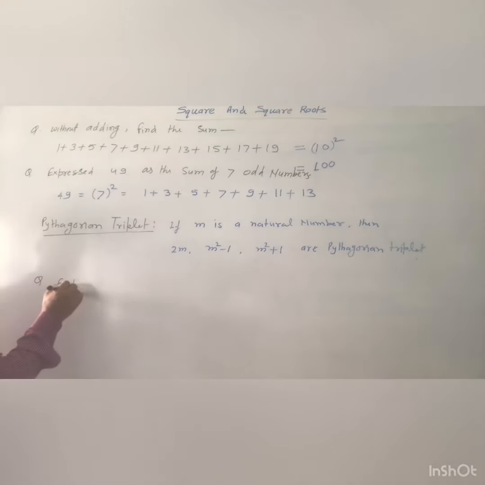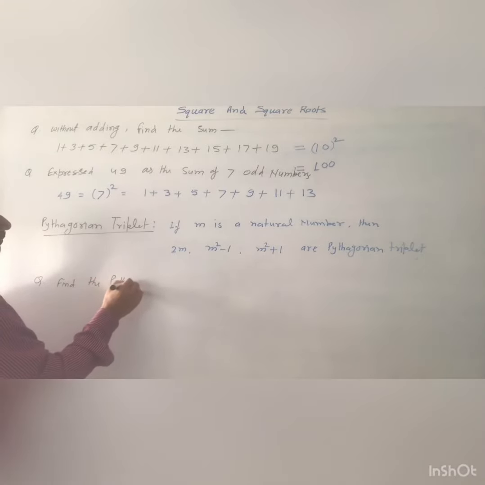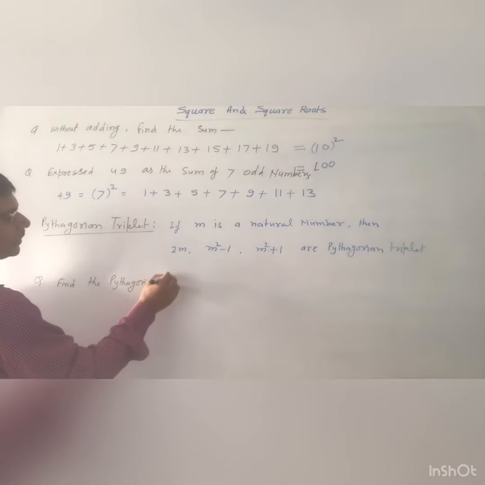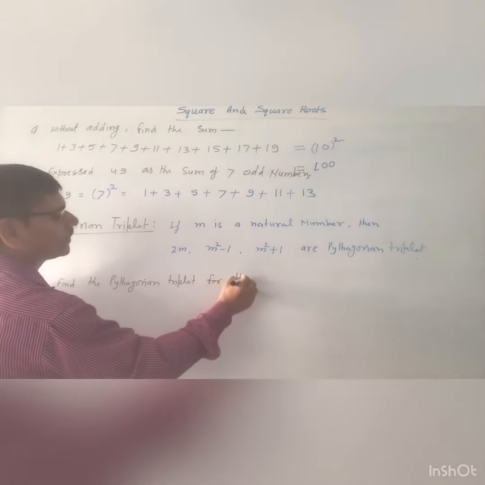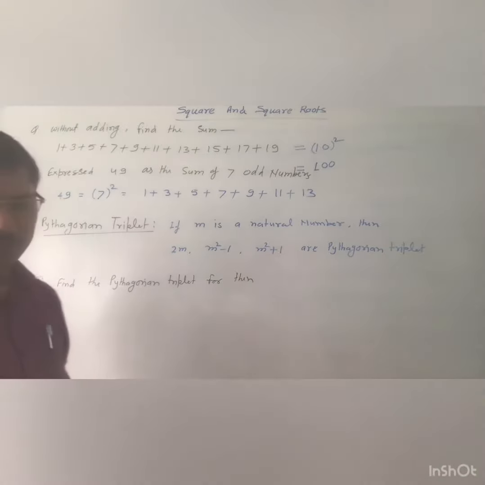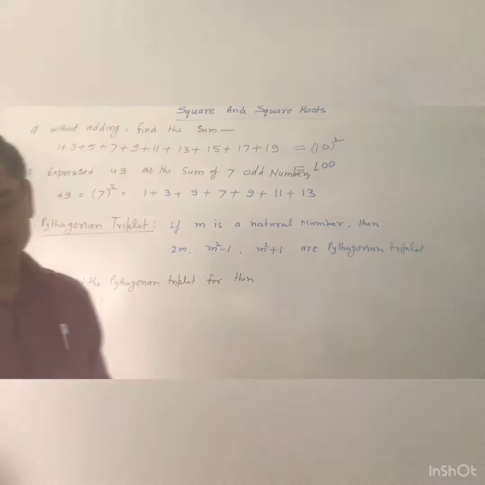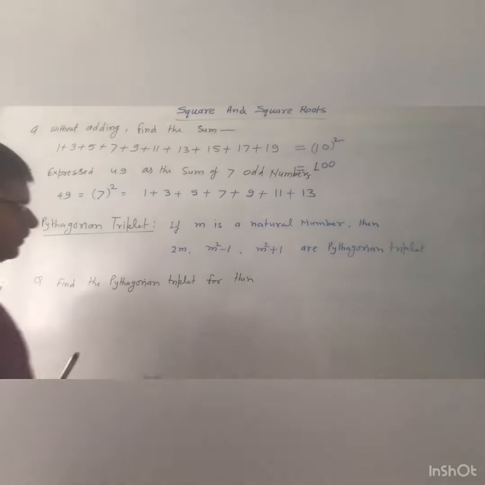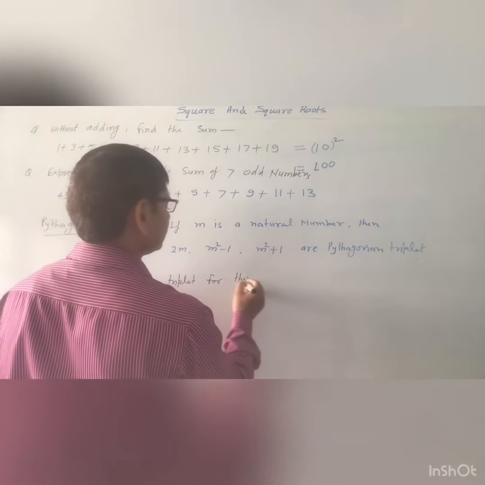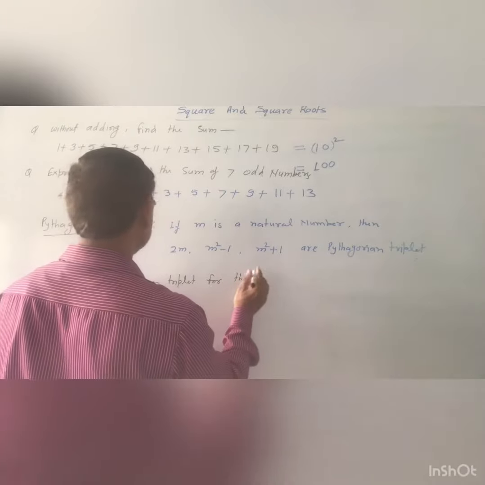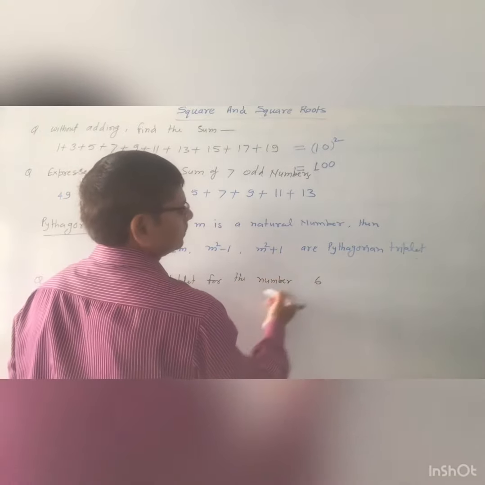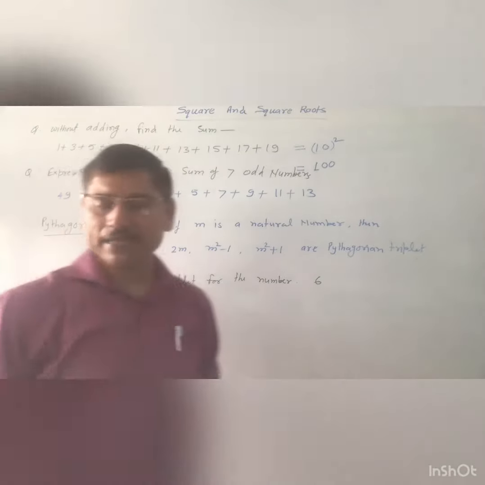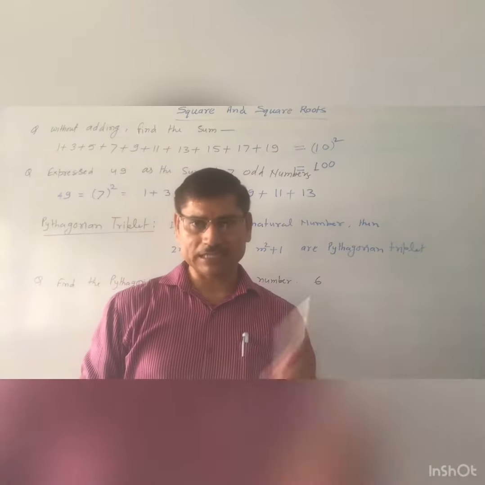Find the Pythagorean triplet for the number, one number is given for you, that is 6. So find the Pythagorean triplet for this number 6.